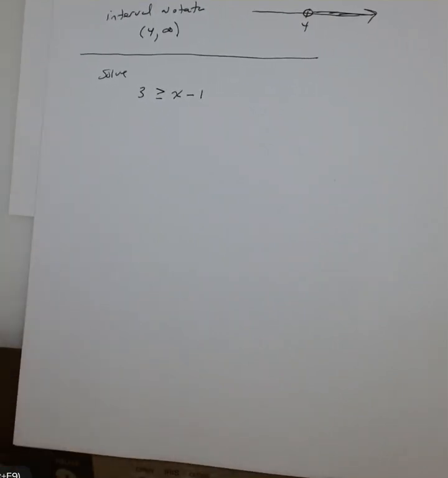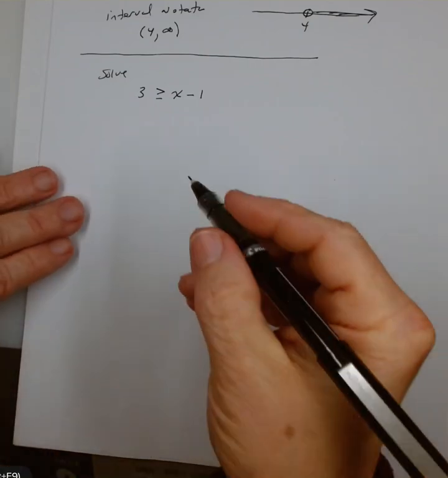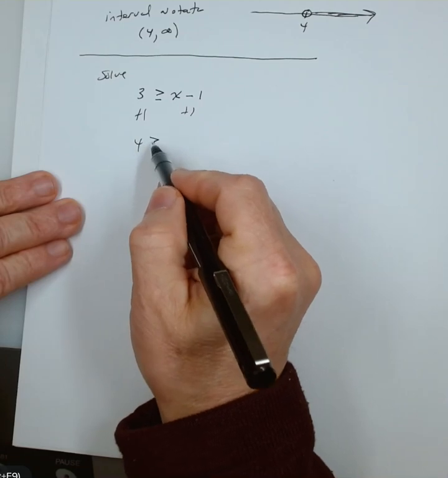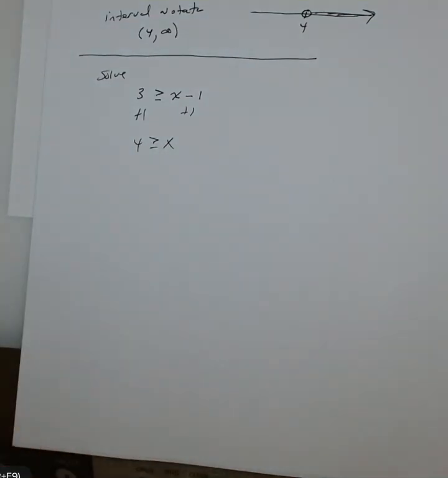Most students would just say, do what to both sides? Add 1 to both sides. So you get 4 is greater than or equal to x, right?